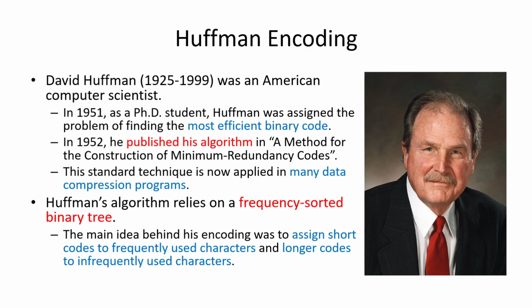This idea is tied back to another very important piece of mathematical theory, the founding of what's called information theory by Claude Shannon, shortly before this time, where Huffman was working on this. So he was aware of Shannon's work, and he was trying to work with it to find these most efficient binary codes.